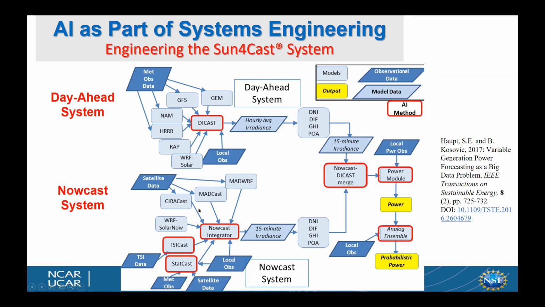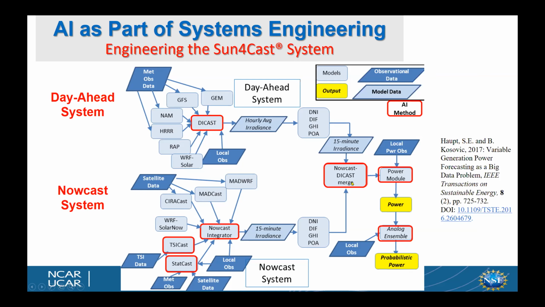The nowcast system we based on observations in the field from total sky imagers. Brookhaven National Lab did that part. At NCAR, we built a system called StatCast that I'll talk a little bit more about. The day ahead and the nowcast versions were merged.